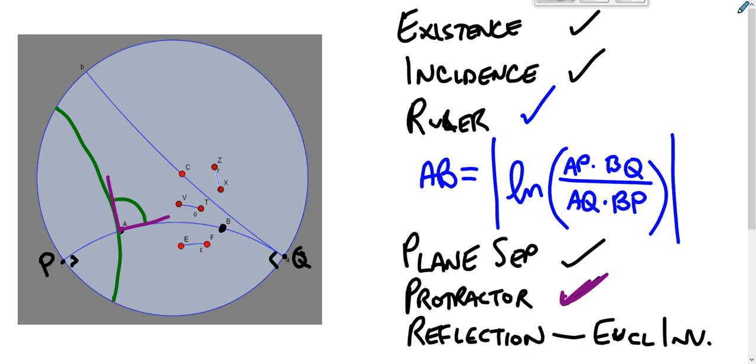So we have all 6 axioms established in the Cinderella program, and that's why Poincare's model, which is what the Cinderella program really does, Poincare's model for the hyperbolic plane holds.